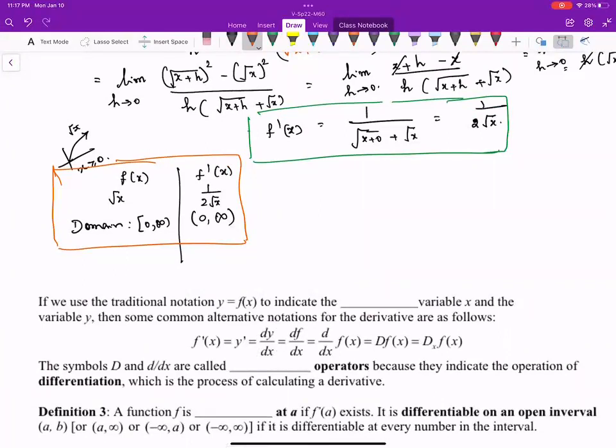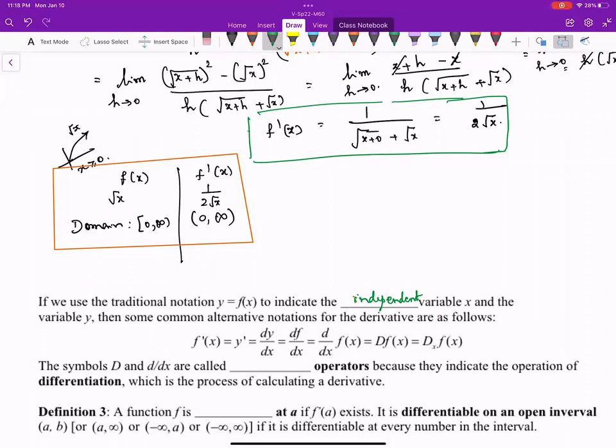If you use the traditional notation y equal to f of x to indicate the independent variable x and the variable y, then some common alternative notations for the derivative are as follows.